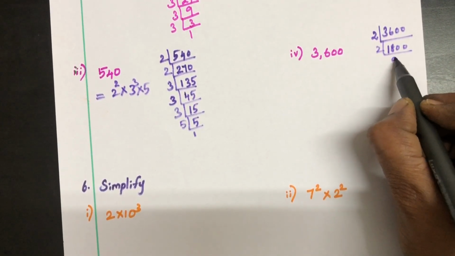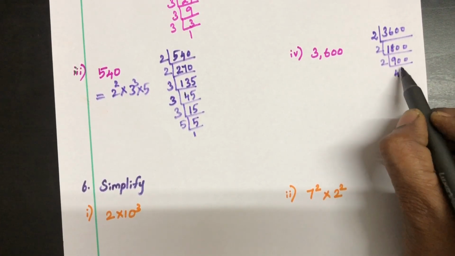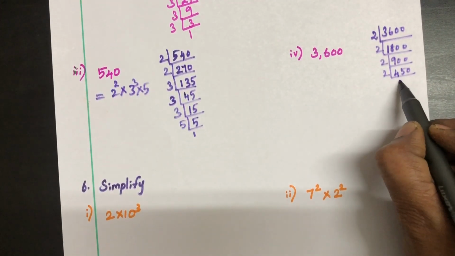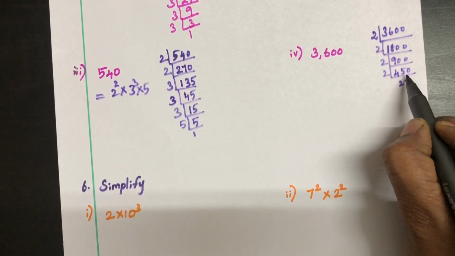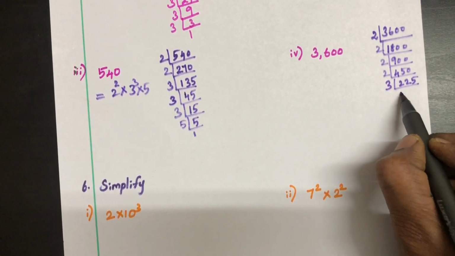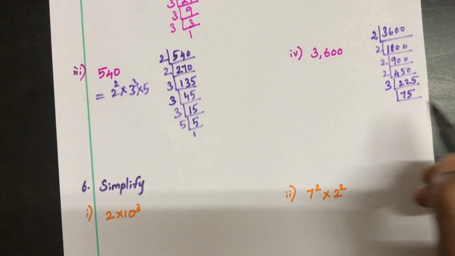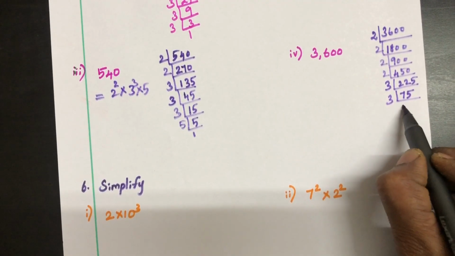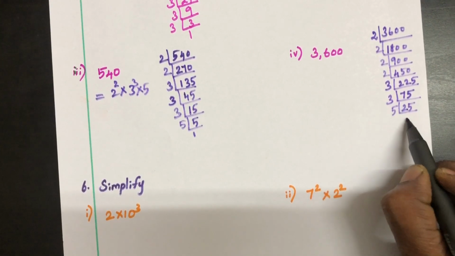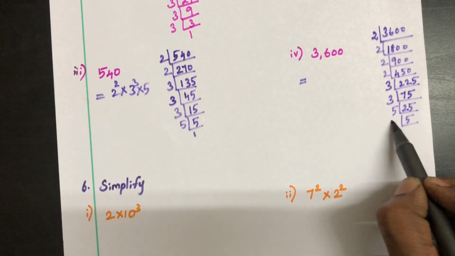Again 2 can divide this 9, 0, 0. 2 can divide this 4 times 5, 0. 2 times, 2 times, 5 times. 3 can divide this, right? 7 times, 5 times. 3 can divide this 2 times, 5 times. So 5 can divide this 5 times. That's all. After this again 5 can divide 1 time.